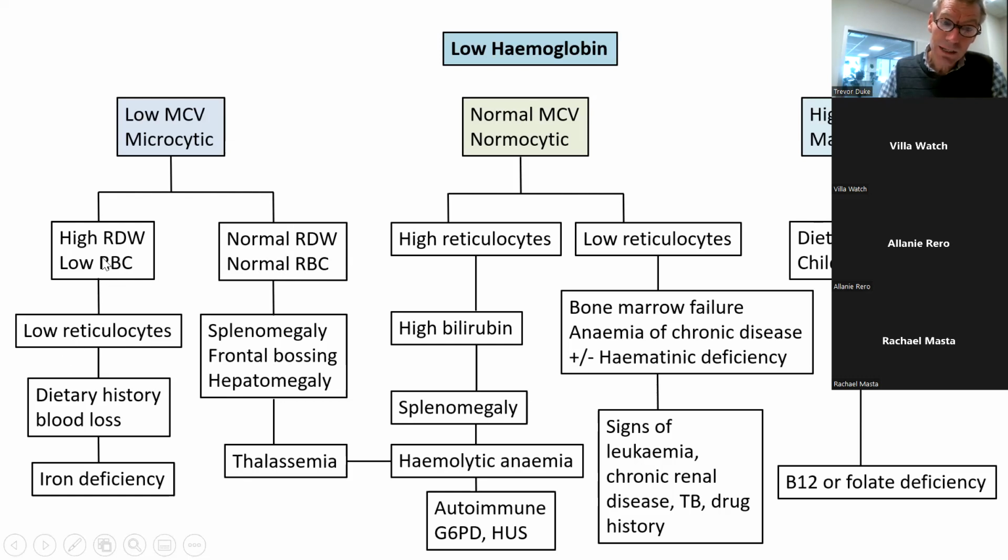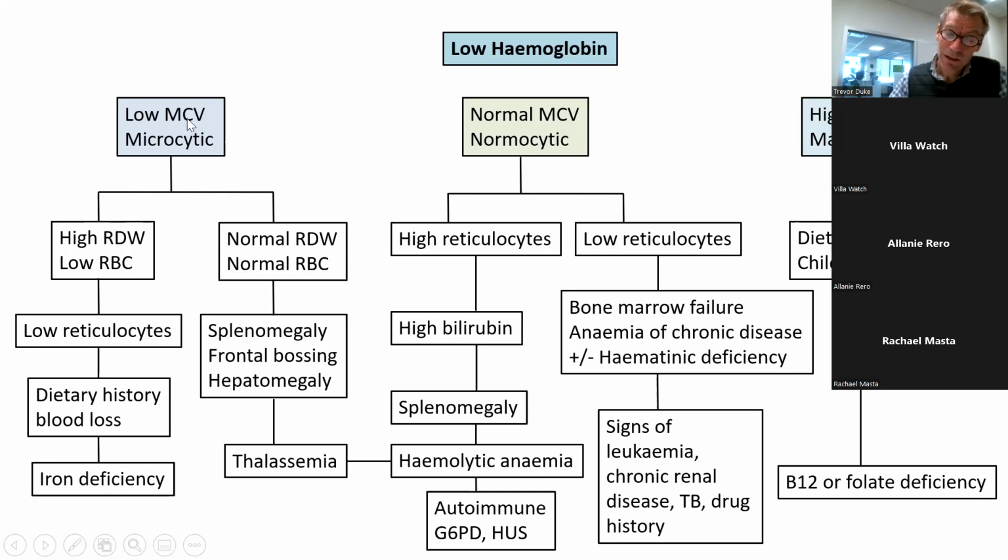So then after that, a high RDW, low red blood cell count, low reticulocytes, take a dietary history and take a history of blood loss, and you can very well establish a diagnosis of iron deficiency if you have all these things.